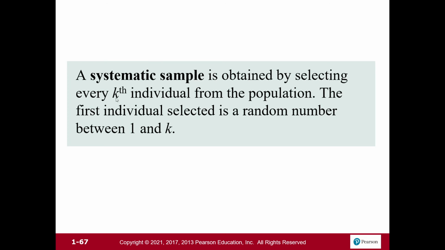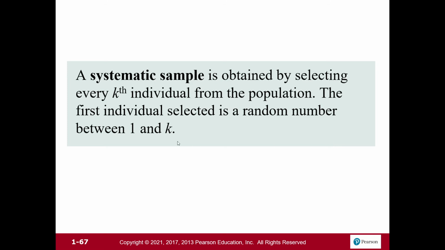K is just some random number that we're using every time. So if everybody was lined up, you would select every 3rd person or 4th person, and then that would be who you would select. It would be random, but it's a different type of randomness.